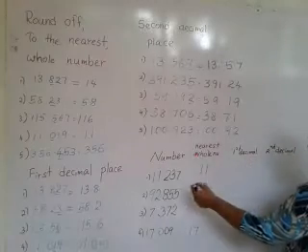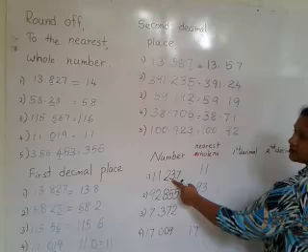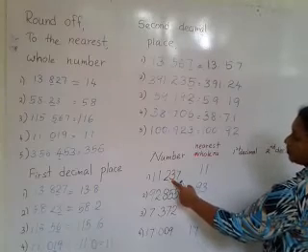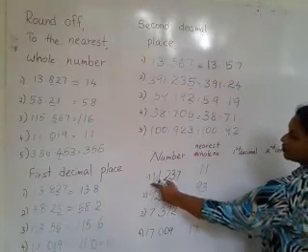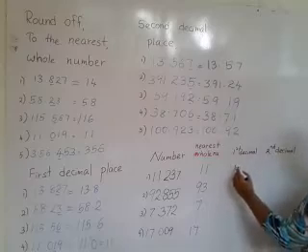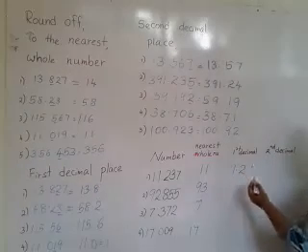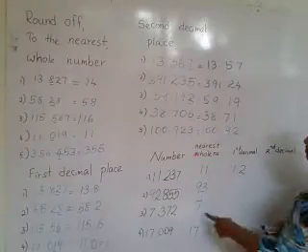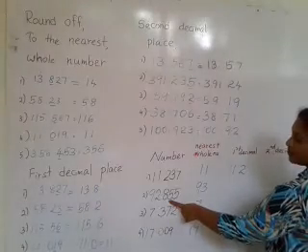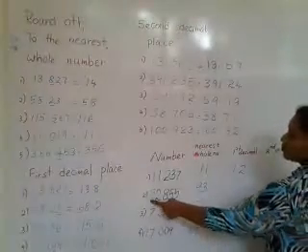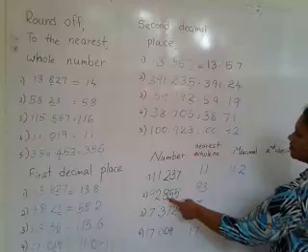For the first decimal place, we must consider the second decimal place. 3, it is less than 5, so no change, 11.2. And here the second decimal is 5, add 1, 92.9.